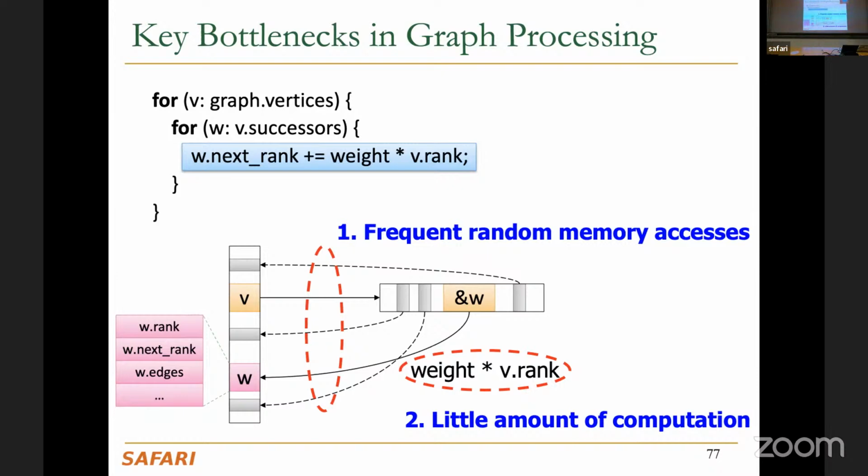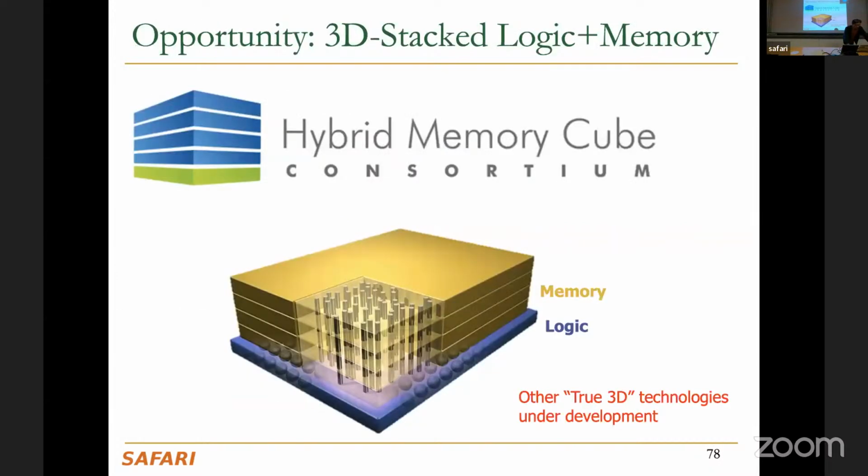And if it doesn't fit in the cache, every time that you want to check the age of this person or the height of this person, you will have to go to memory, right? And when you bring the data, there is only a very little amount of computation. So that's why it's inefficient, and that's why the memory system is overwhelmed, and that's why we don't see much performance improvement when we increase the number of processing elements or number of cores.